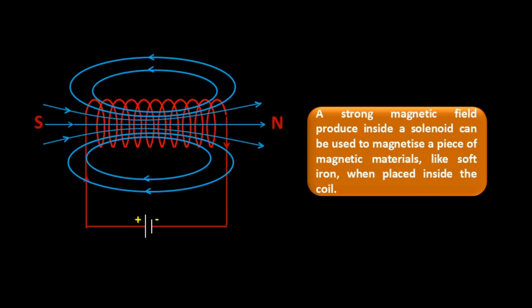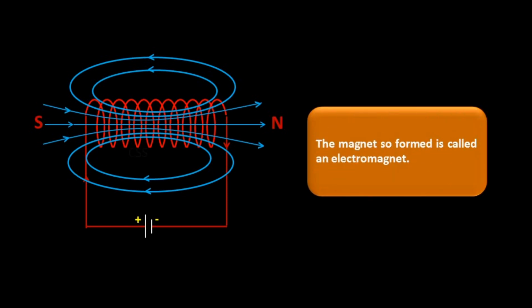Due to this, it is used to make a permanent magnet, like soft iron. The magnet formed is called an electromagnet. So the magnetism produced by a solenoid using electric current is known as an electromagnet.